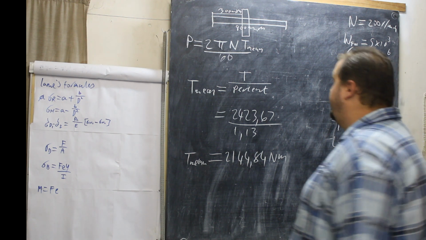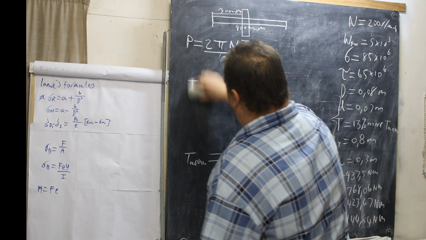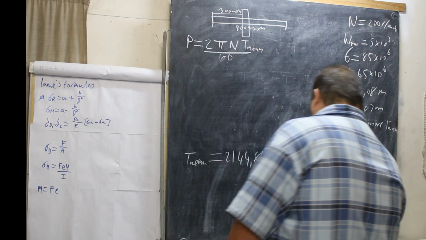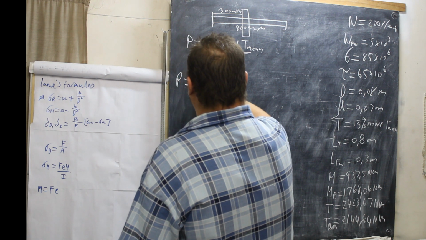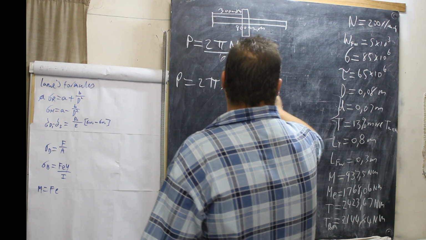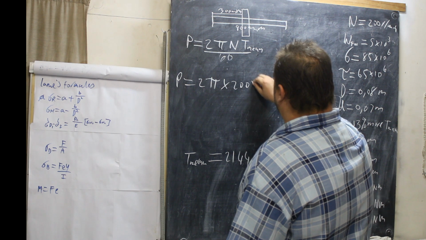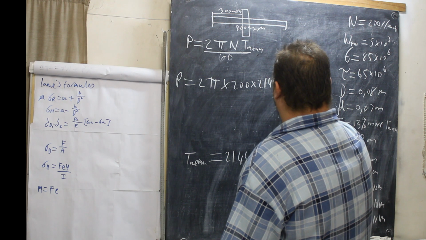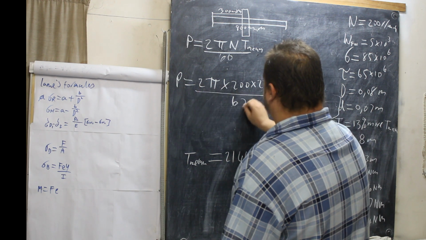Alright, so now we can use this formula up top here. Power is equal to 2 pi times 200, because that's N, which is 200 revs a minute, times 2144,84 all over 60.